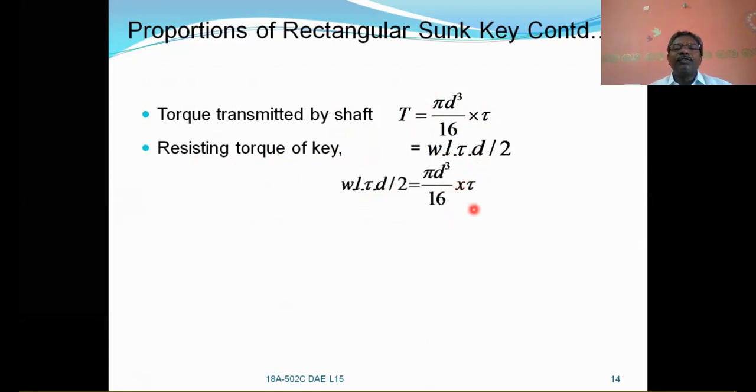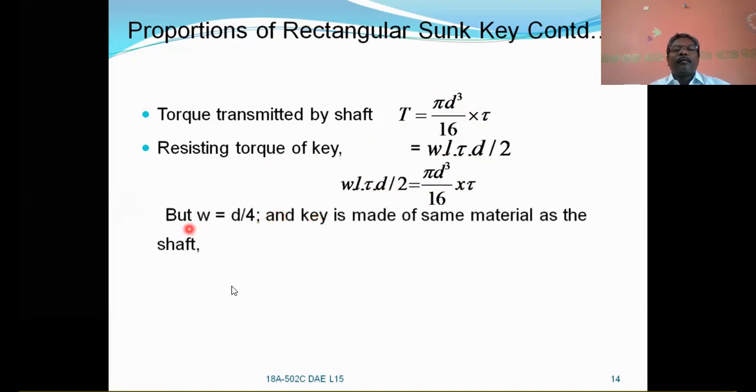If you equate these two, and W is equal to d by 4, and if the key is made of the same material as the shaft, then tau gets cancelled, because tau of the shaft and key remains the same.